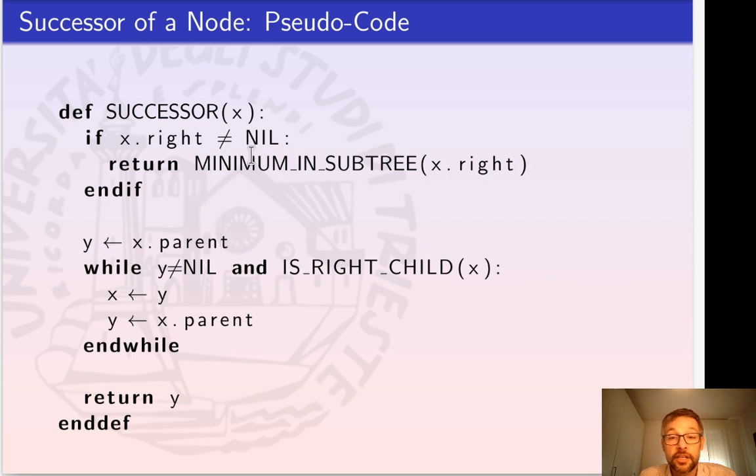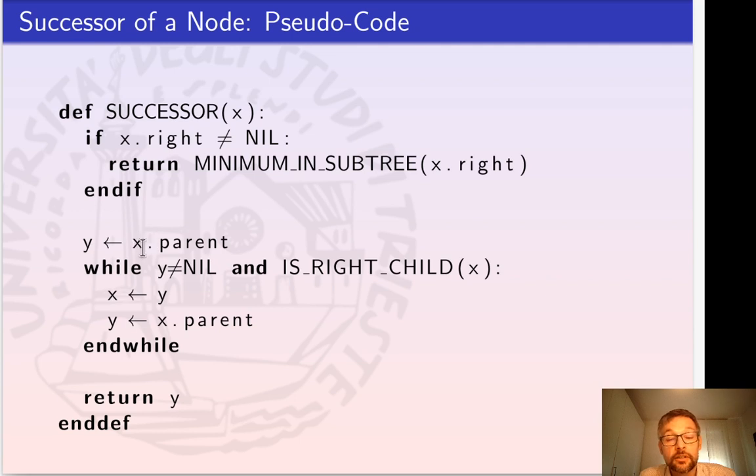If this is not the case, then we need to have a look at the parent of x and test whether x is the right child. Of course, this can be done until the parent of x is different from nil, so this condition fails exclusively when x is the root.